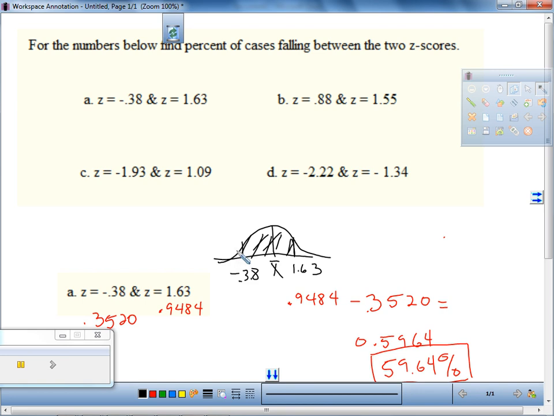Well, the table value for the first one would give us everything to here, and the table value for the second one would give us everything up to there. So when we subtract them, we're subtracting out this part right here. Anyway, so this is how we would do that.